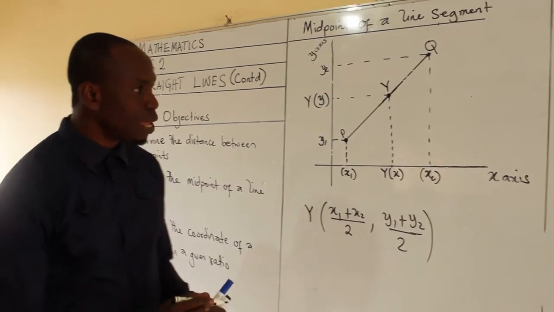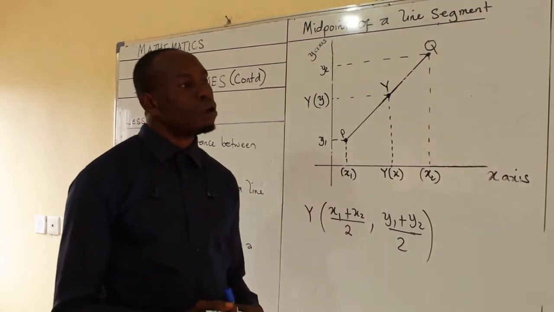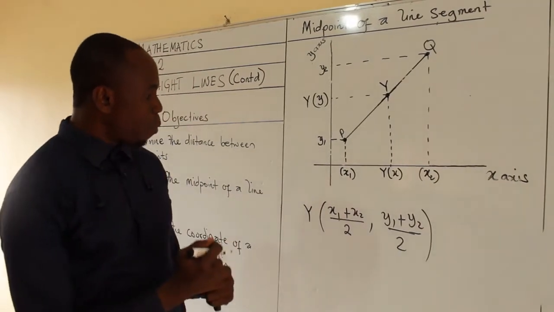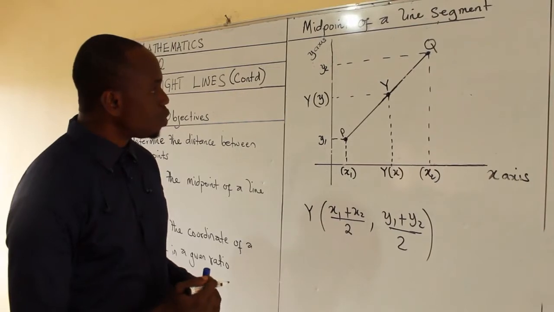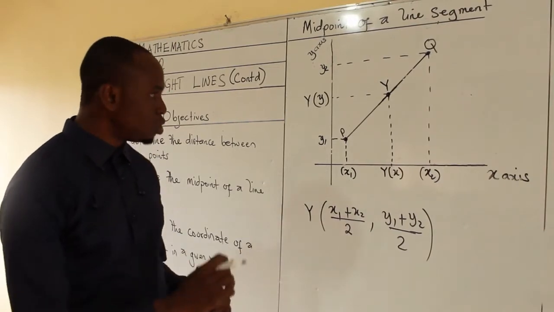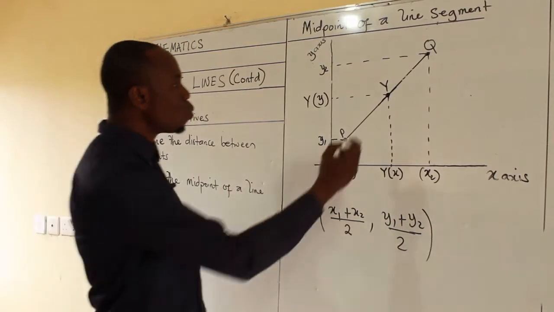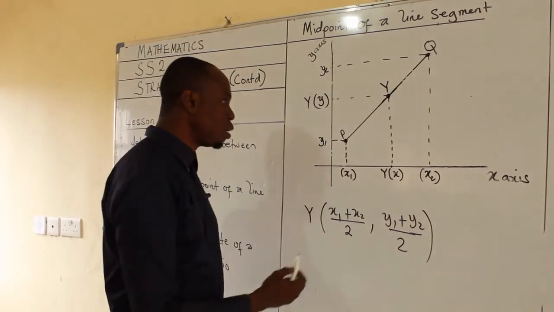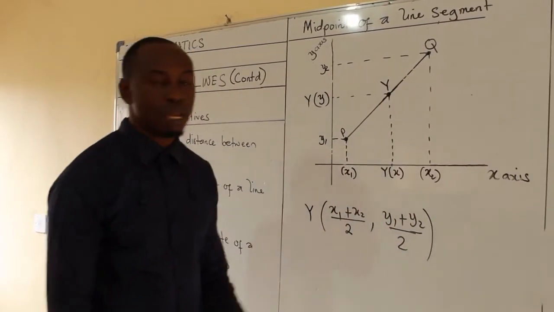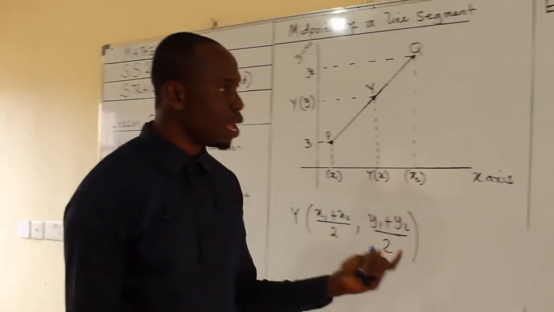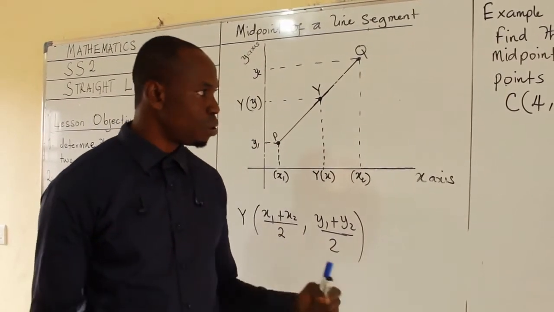So we're going to use a letter to denote the position of the midpoint of C and D, like we used Y here to denote the midpoint of P and Q. You can use any letter of your choice, M, X, Y, or any one you like.